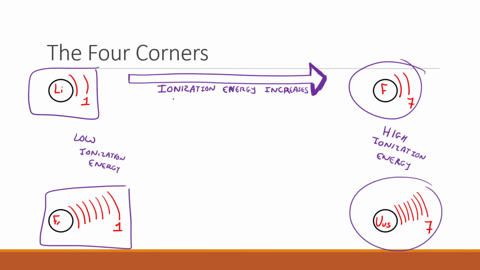And the reasoning here is based on the number of valence electrons. More valence electrons means harder to remove electrons.